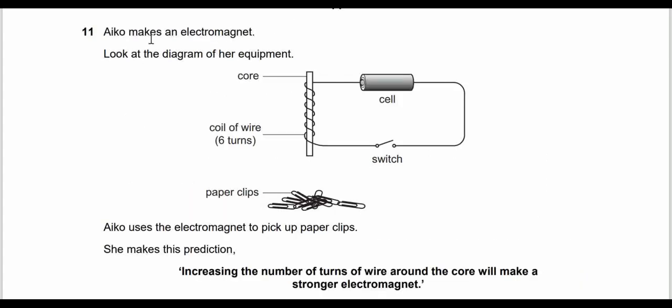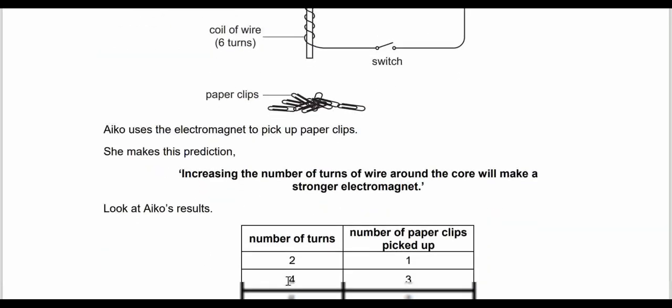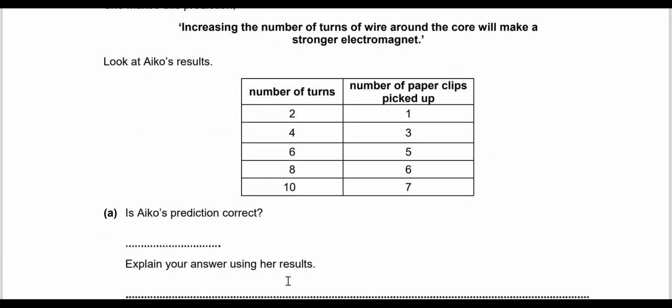Alright, so question 11. Aiko makes an electromagnet. Look at the diagram of her equipment here: core, coil of wire with 6 turns, cells and switch, paper clips. Aiko uses the electromagnet to pick up paper clips. She makes this prediction: increasing the number of turns of wire around the core will make a stronger electromagnet. Look at Aiko's result.